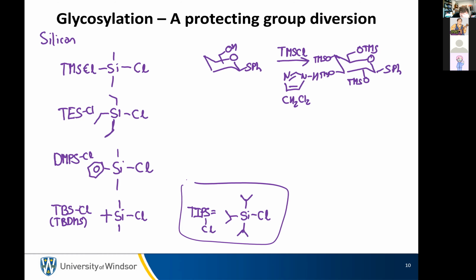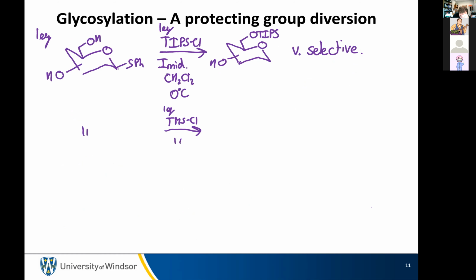TMS is the smallest. Is it going to be very selective? TIPS goes on C6. It's not going anywhere else. The TMS, is that going to go on C6 only?